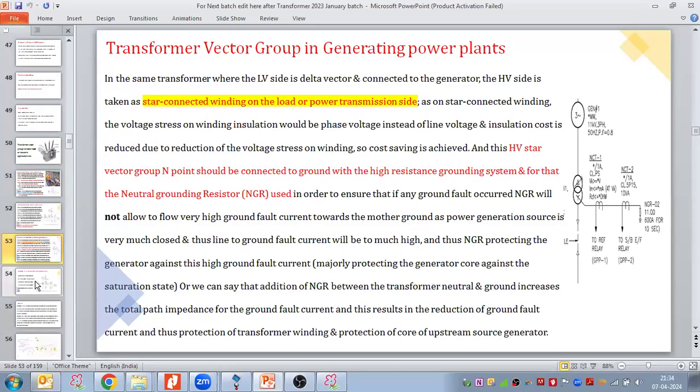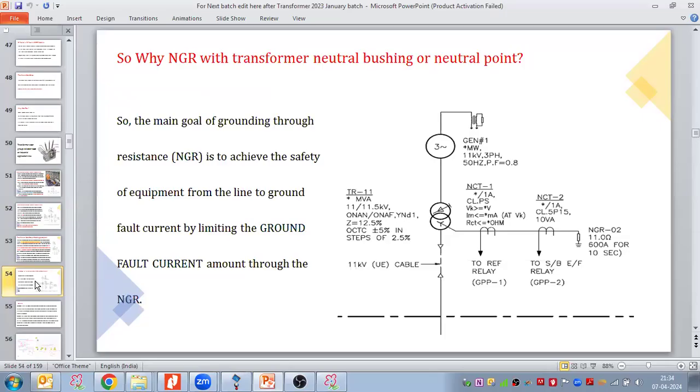And the point that we have discussed, that the main goal of grounding through the NGR is to achieve the safety of equipment from the line to ground fault by limiting the ground fault current.